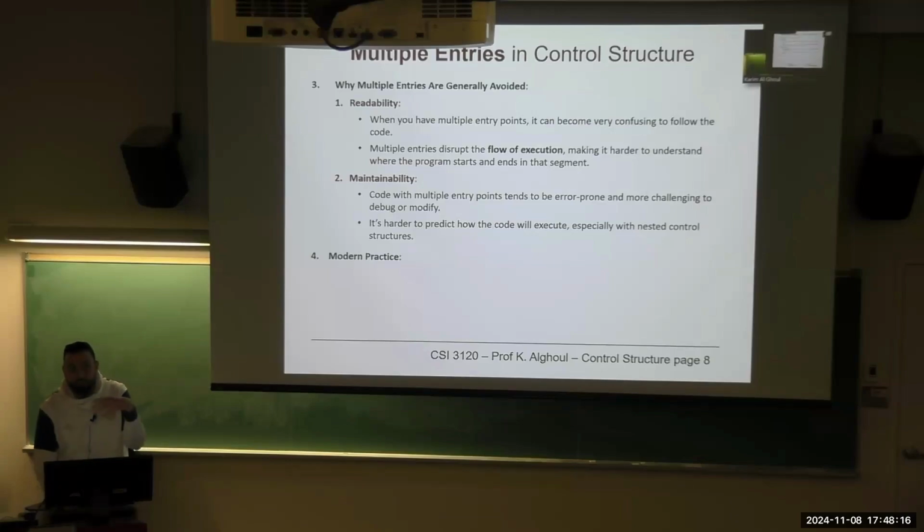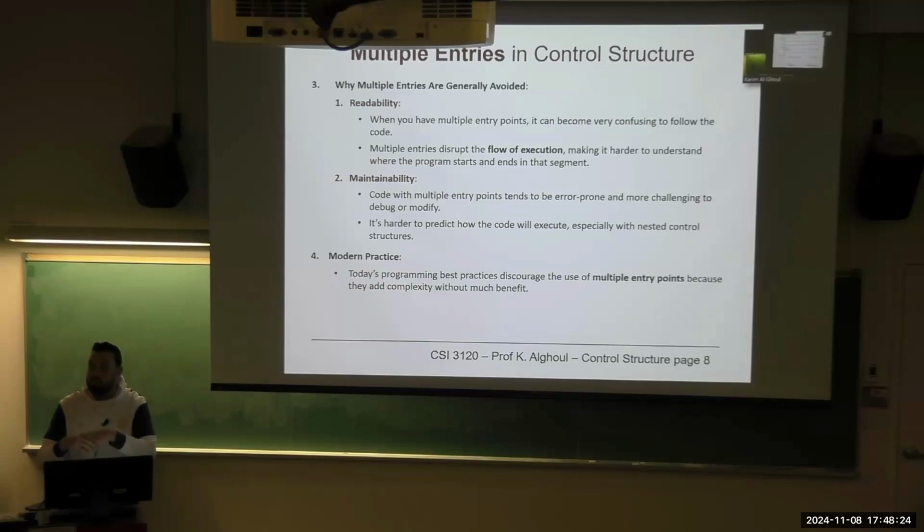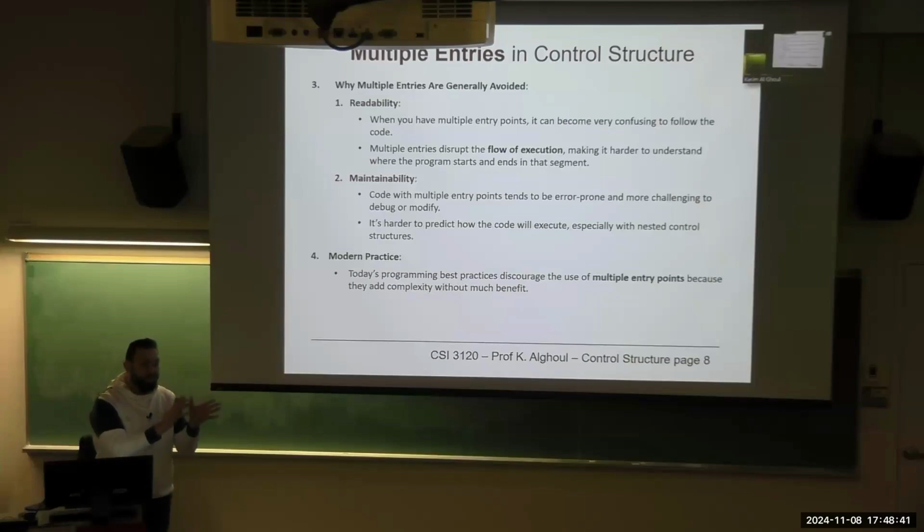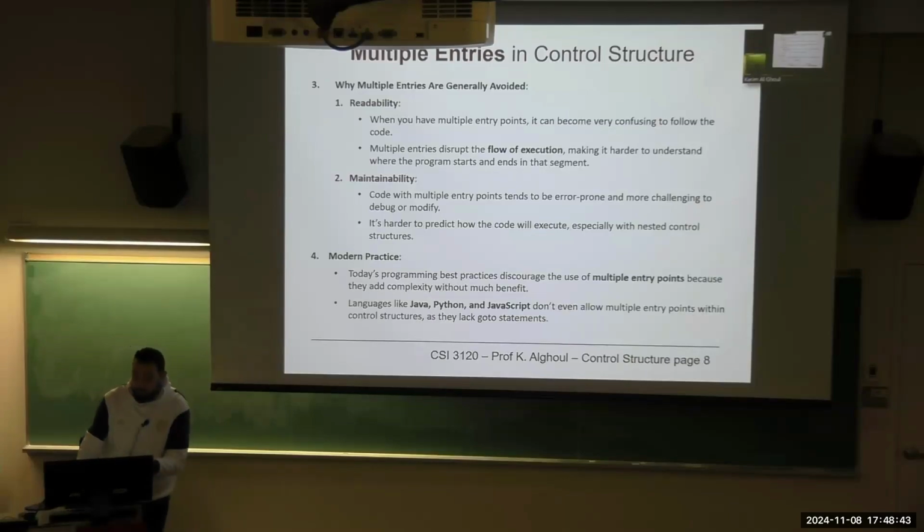Now, as we said, modern practice will discourage using multiple entry, even though in C++ and C we still have the goto. You can still use it, but it's discouraged inside a control structure. And because of how important it is to make things better with a single entry, languages like Java, Python, JavaScript don't even allow it.